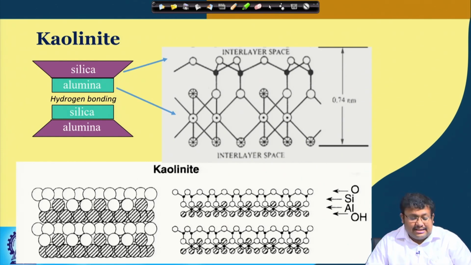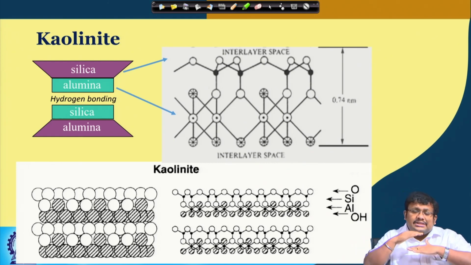As a result of this hydrogen bonding, the interlayer space between kaolinite is very limited, and that basically explains why kaolinite is nutrient poor.